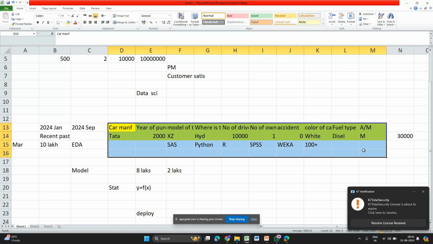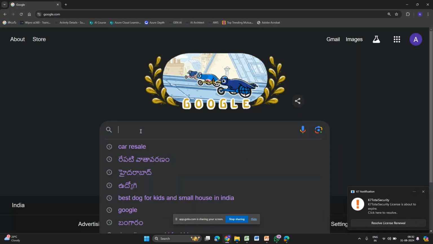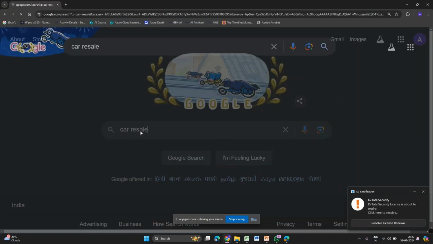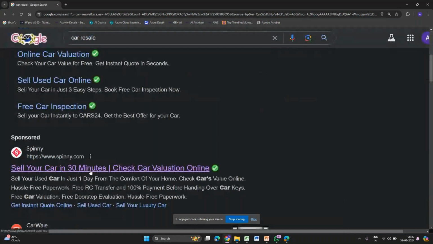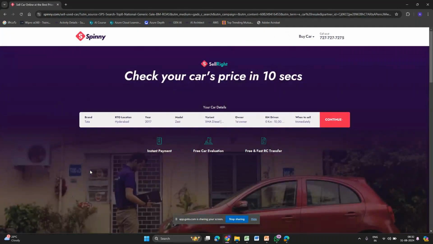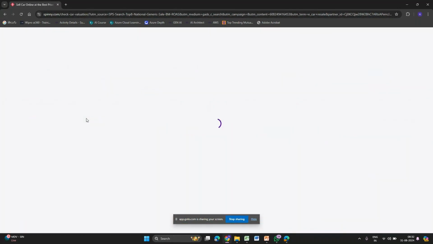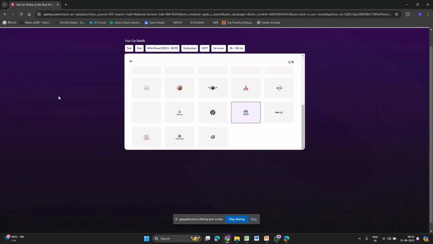So let me show you an example. For example, I'm going to take Spinny. Now I'm going to enter items like which brand of the car.